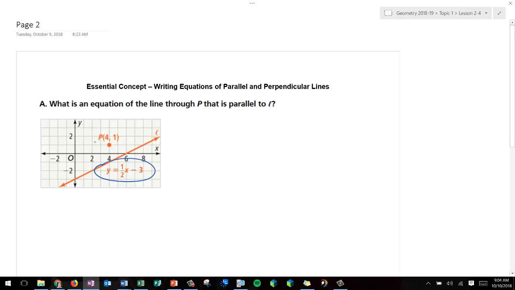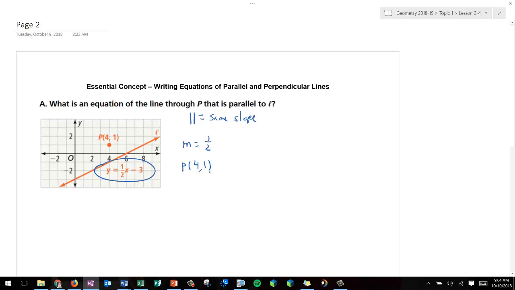So if we think about it, parallel means same slope. So the first thing I need to do is pull the slope out of the equation that they gave me. So in this case, my slope is 1/2, and then they gave us the point P, which is equal to 4, 1 as its coordinates.